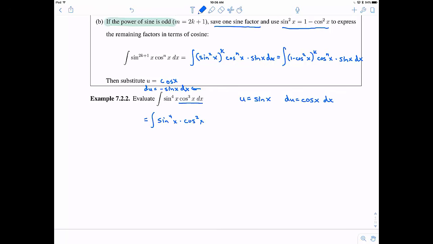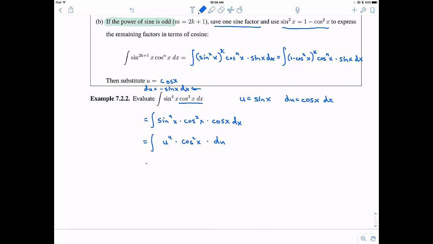So sine to the fourth of x times cosine squared x times cosine of x dx. We're breaking off one of them, and that's going to be my du. So this is going to be u to the fourth times, and I'm going to keep it as cosine squared for a second more, and then this cosine of x dx is going to be my du.